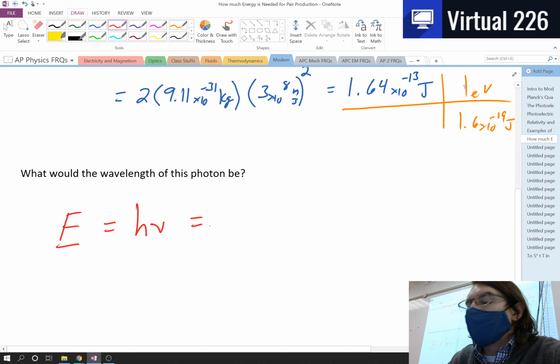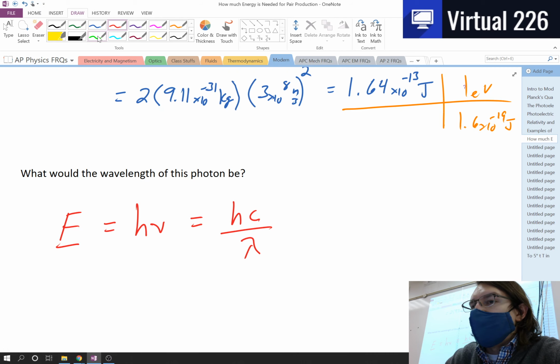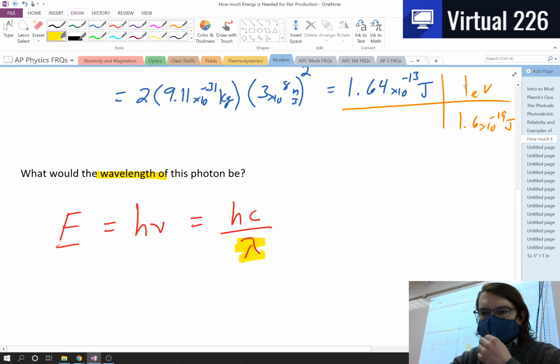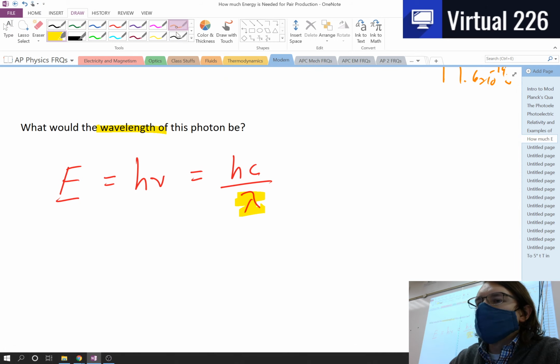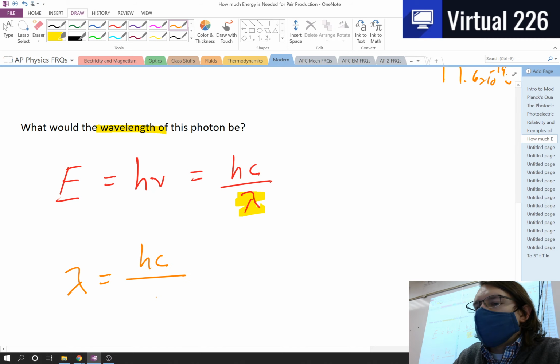We can also say that this is equal to hc over lambda. And this lambda is actually what we're looking for, because we're looking for a wavelength. What this allows us to do is we can say that lambda equals hc over the energy.